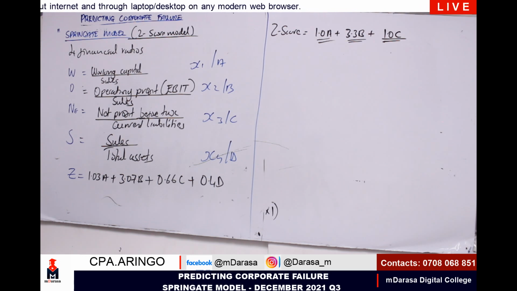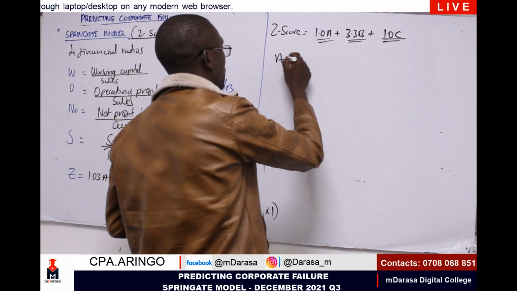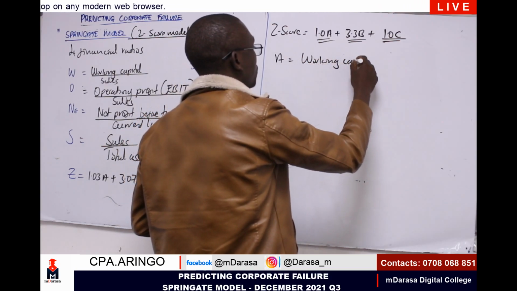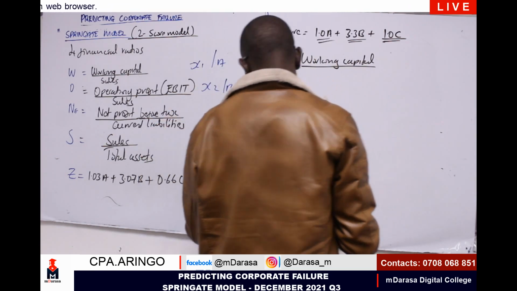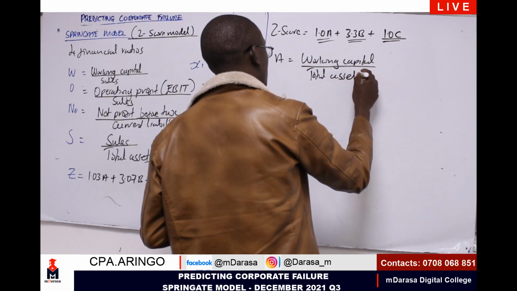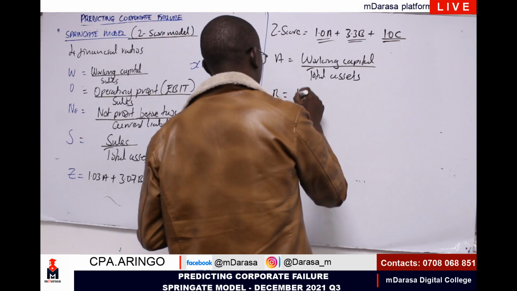Number one, A is simply working capital divided by our total assets. Talk about B, which would give us retained earnings.